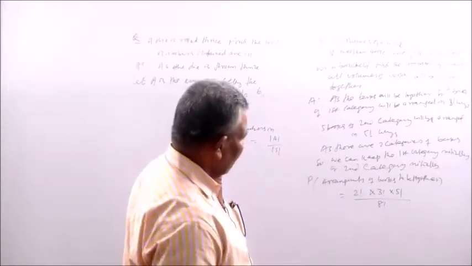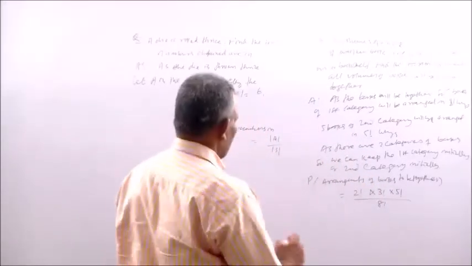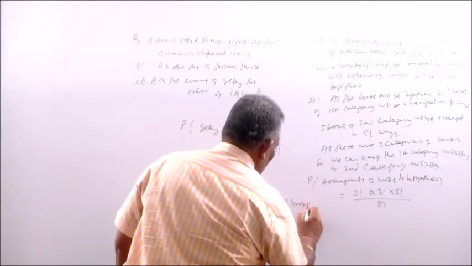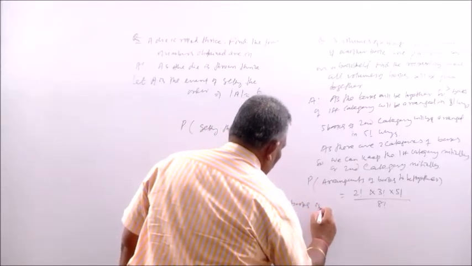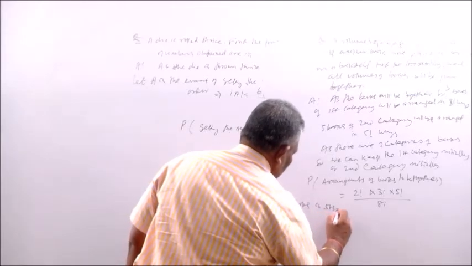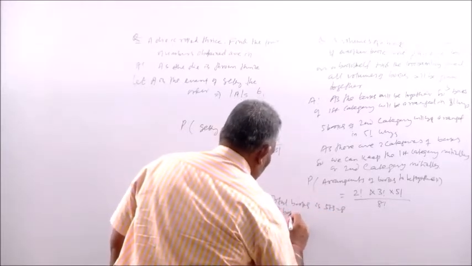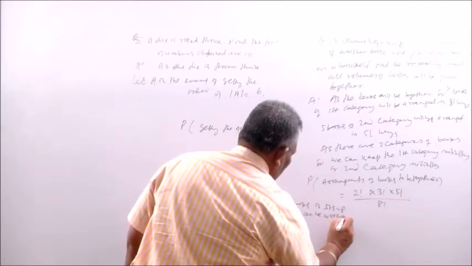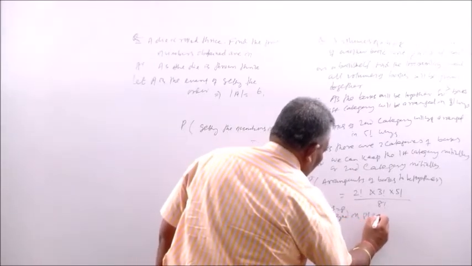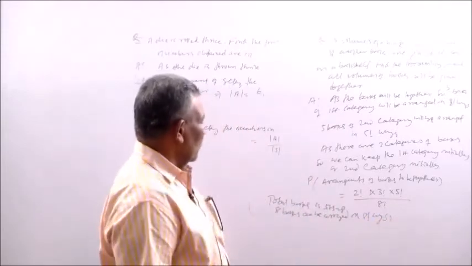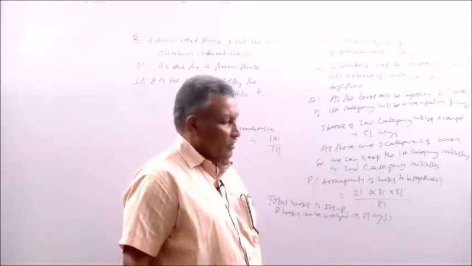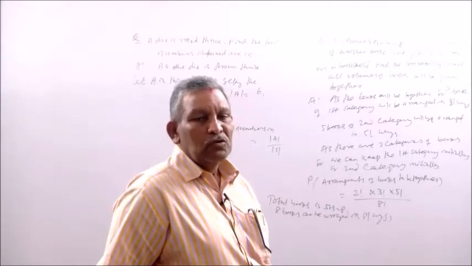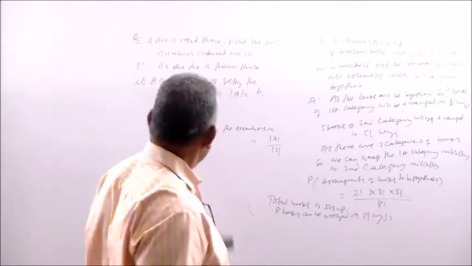I have taken 8 factorial in the denominator because the total number of books is 5 plus 3, that is 8. 8 books can be arranged in 8 factorial ways. So this is the probability that the 2 categories of books will be arranged on the bookshelf so that they will be together.